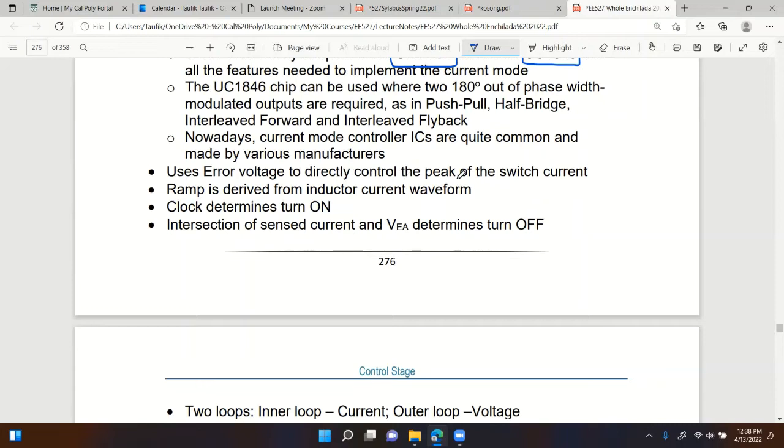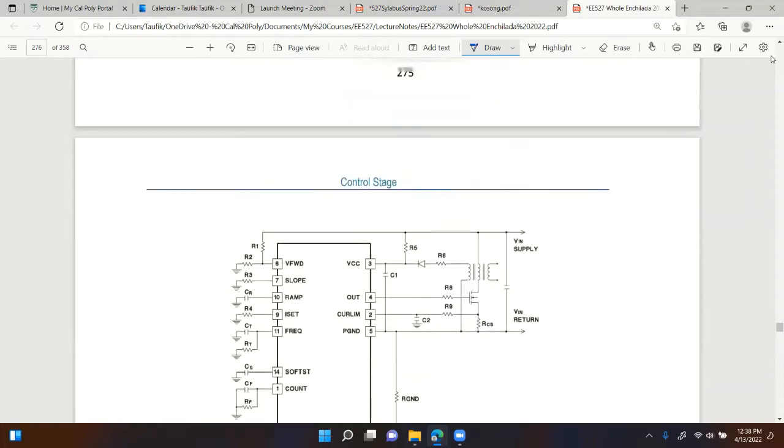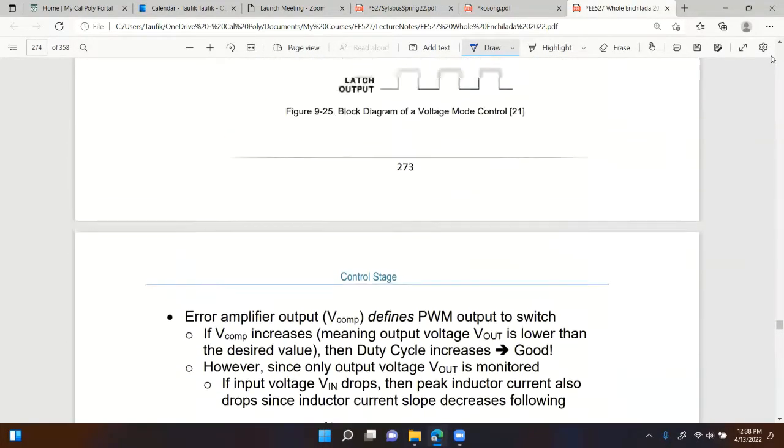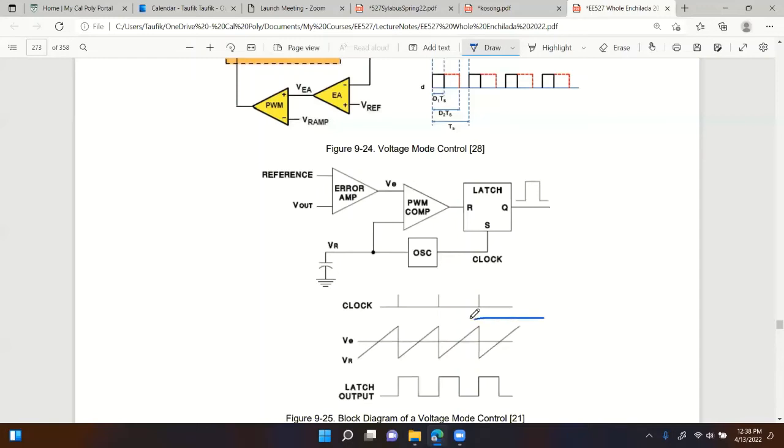Current mode uses error voltage to directly control the peak of the switch current. The ramp is derived from the inductor current waveform. So in voltage mode, the ramp right there is internal to the controller.